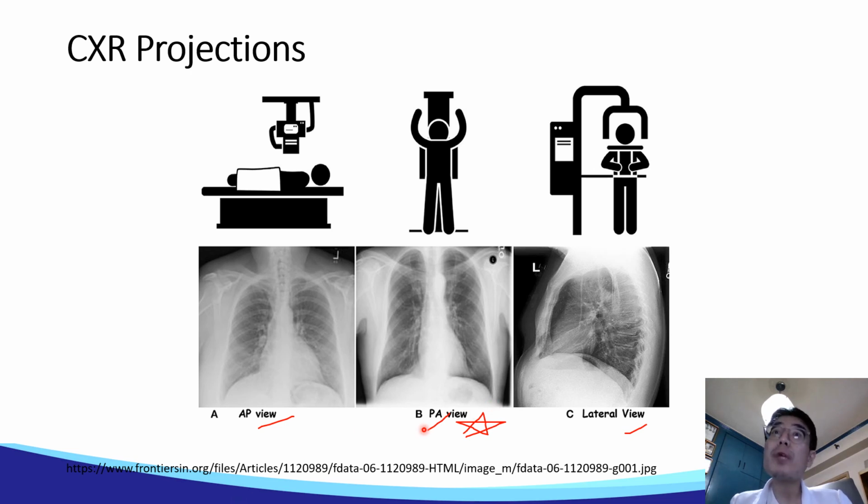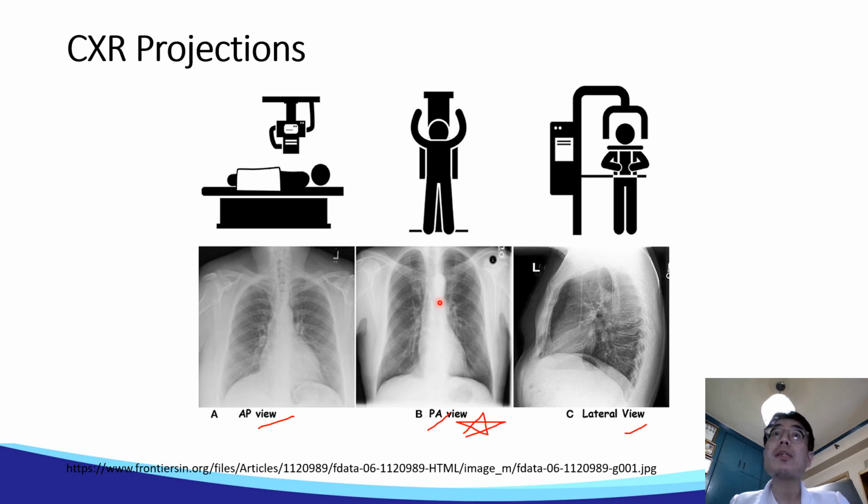The PA view is the standard frontal chest projection, and it is arguably the most informative projection. The X-ray beam travels through the patient from posterior to anterior, meaning from the back to the front. It is performed with the patient standing and in full inspiration.